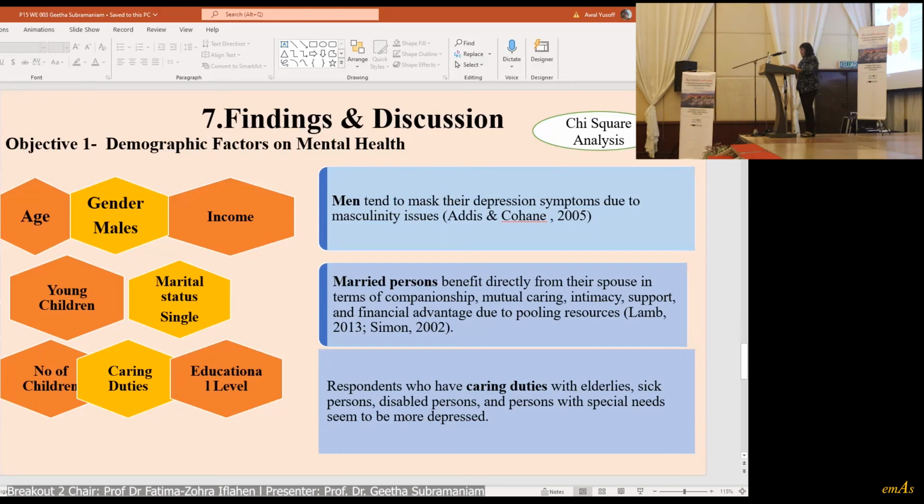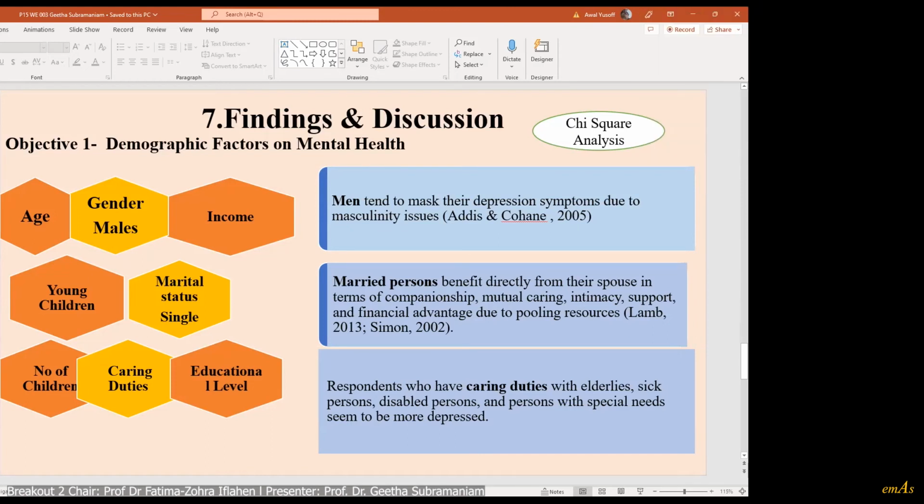Based on past studies, the gender difference framework showed that men used to mask their depression, but now as time goes by and people are more aware of it, it looks like they really didn't bother about gender, male or female. If they feel it, they just filled up the questionnaire accordingly.